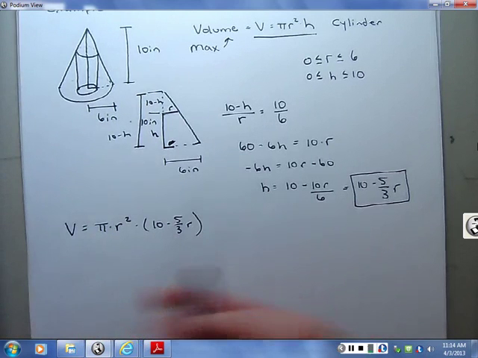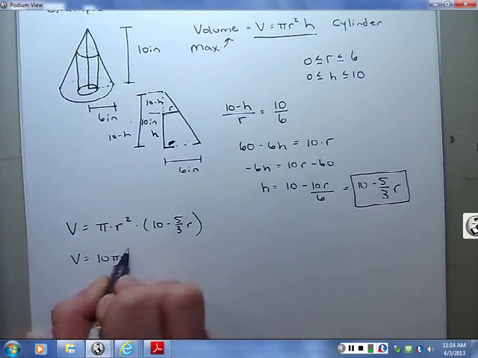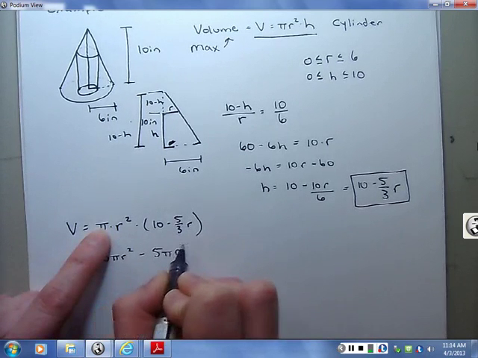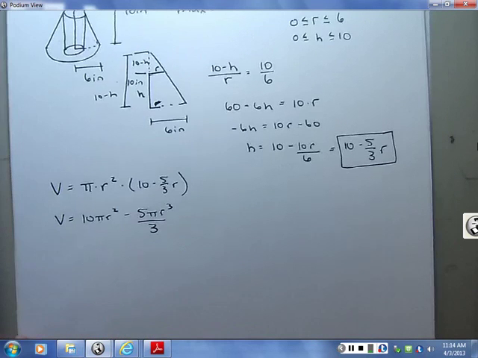So I can rewrite this as 10 pi r squared minus 5 pi r cubed over 3. So that's my volume function, and I want to maximize this. So I need to take the derivative and set it equal to 0. Do you guys see what I did here?